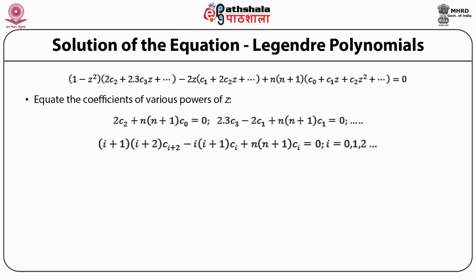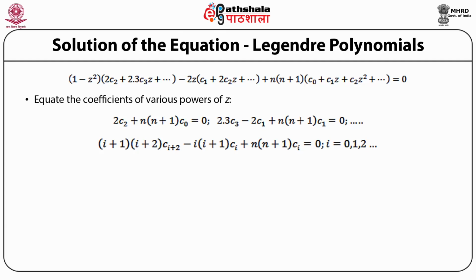On equating the coefficients of various powers of z, we obtain the following relations: 2 times c2 plus n into n plus 1 c0 is equal to 0.